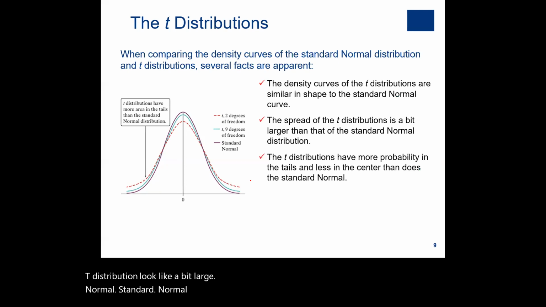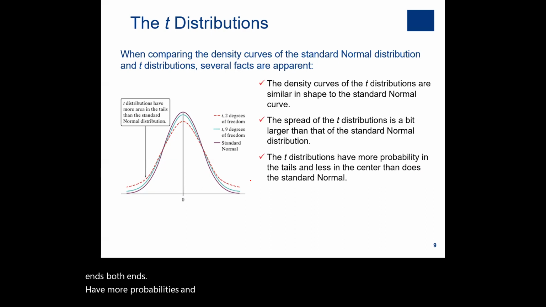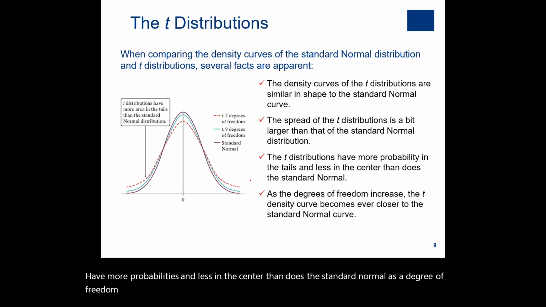The t distribution has more probability in the tails, at both ends, and less in the center than the standard normal. As the degrees of freedom increase, which is an important property, the density curve becomes ever closer to the standard normal distribution.